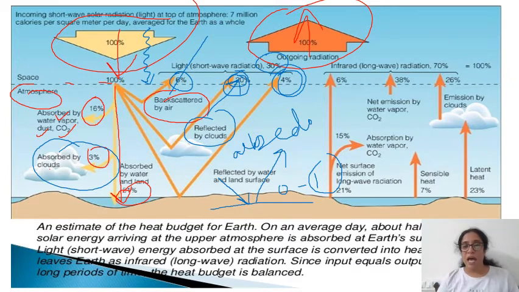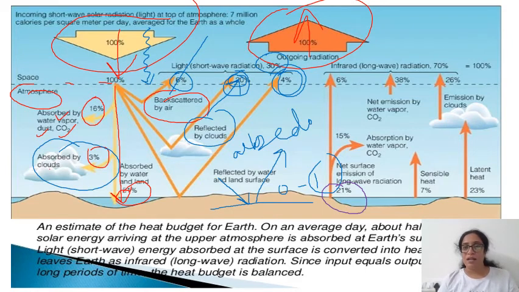Out of whatever is getting absorbed, 21% of the solar radiation that has been absorbed is released as long wave radiation, or infrared radiation.